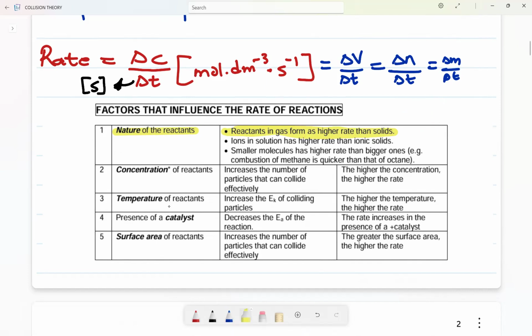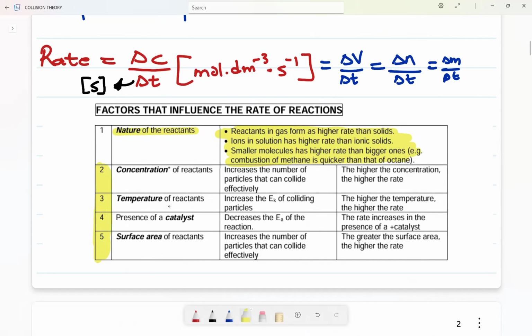Then, ions in solution have a higher rate than ionic solids. The reason I'm saying do not stress this one a lot is because they do not like to assess it. Smaller molecules have a higher rate than bigger ones. Can you see now, these ones are not important. I want us to focus more on 2 to 5.